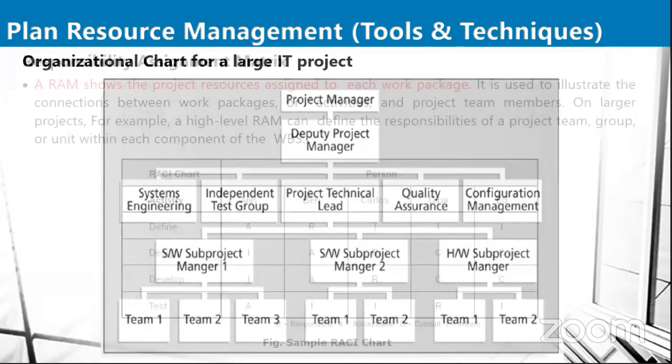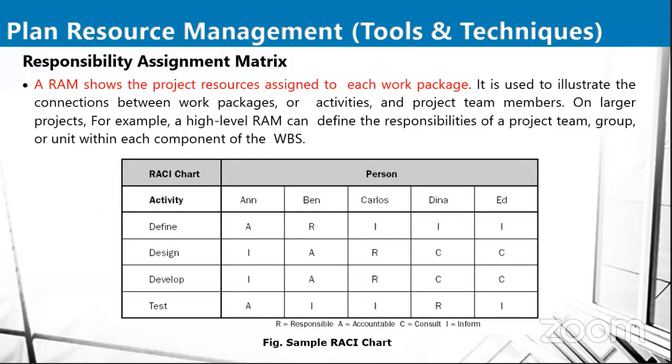And again, the responsibility matrix. What it means is it shows you the project resources assigned to each work package. You are assigning each person to each work package because you must be able to hold some set of people responsible for certain tasks. You understand? So if you look at the table, you see some persons there: Anne, Ben, Carlos, Dina, Eddie.